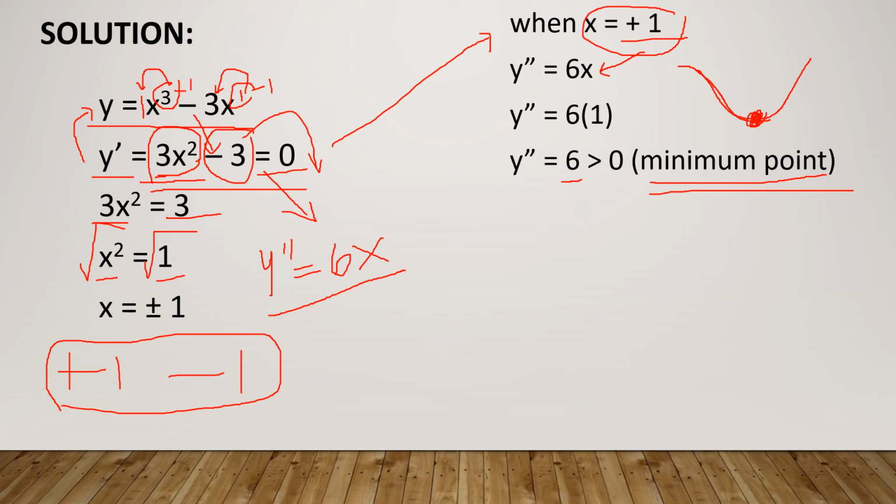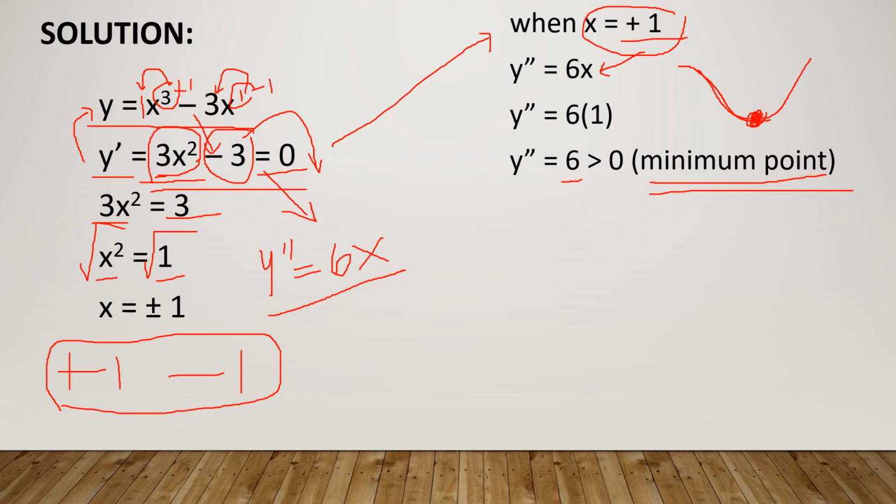That's why it tells us whether the slope of the tangent line to the given function is increasing or decreasing. So in other words, the second derivative tells us the rate of change of the rate of change of the given function.